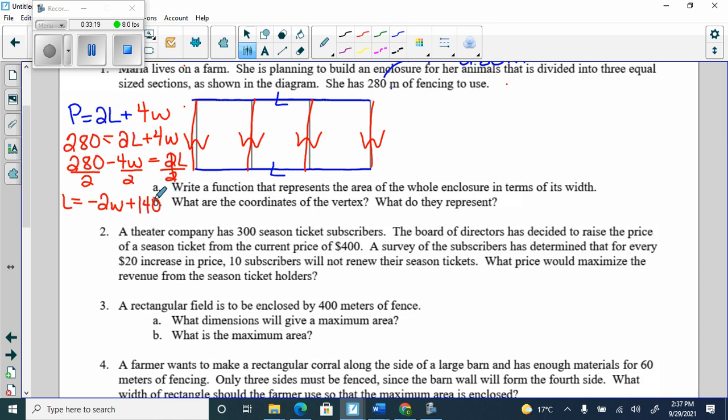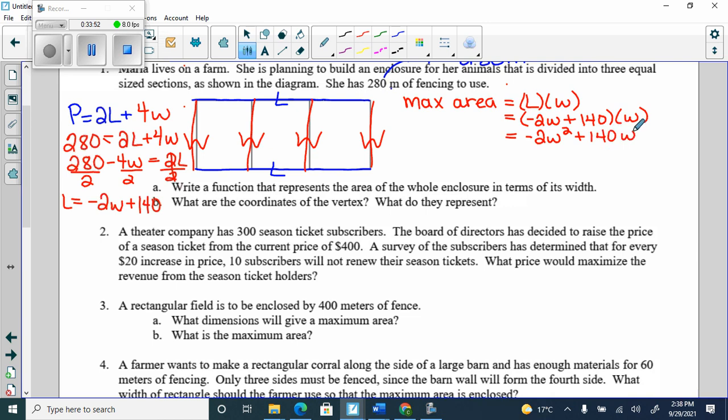Max area equals length times width. So it equals length, which is negative 2W plus 140, and W. So it equals negative 2W squared plus 140W.